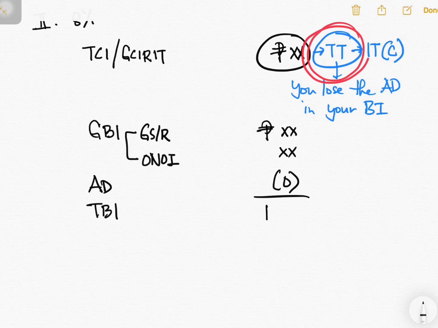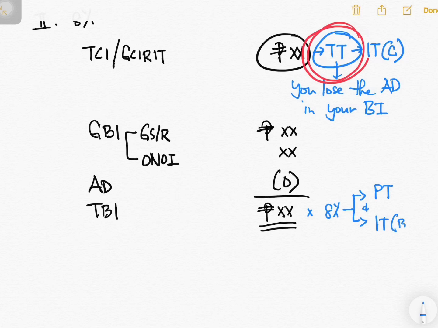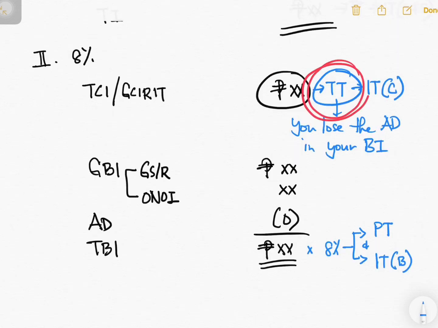So you have the amount here, and then you will multiply this one by 8% to get two things. Number one, your percentage tax because you were not able to exceed the VAT threshold, as well as your income tax business. So that's for the lecture.